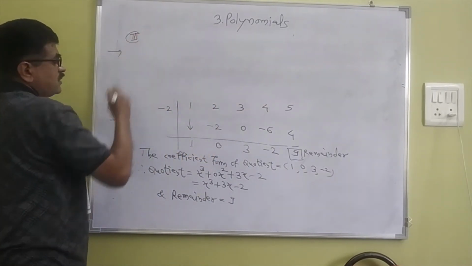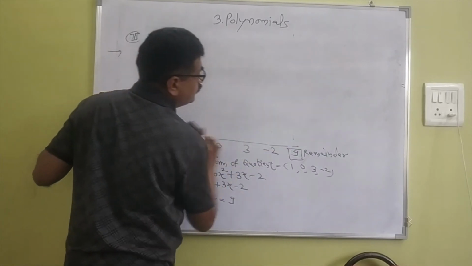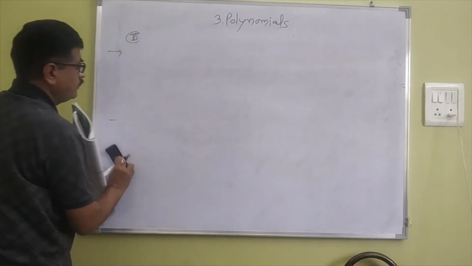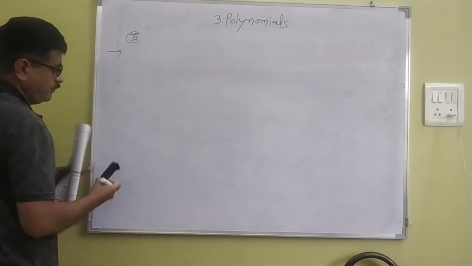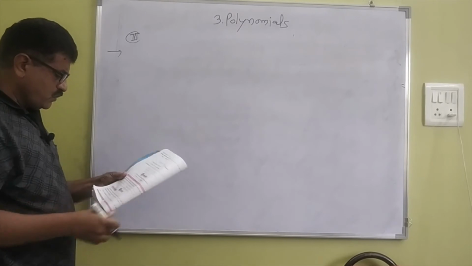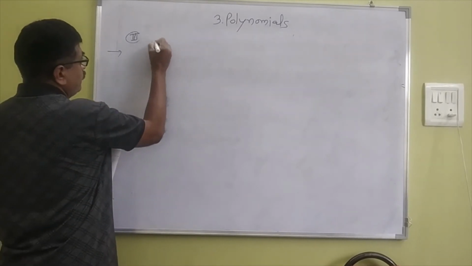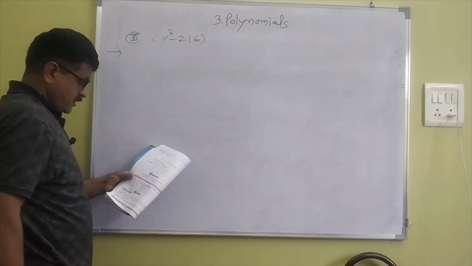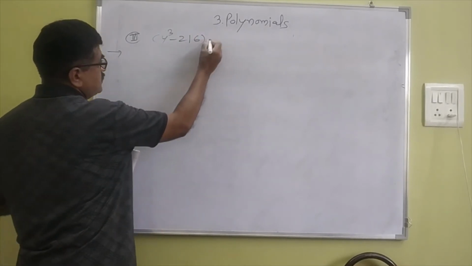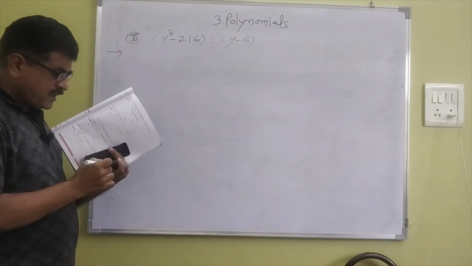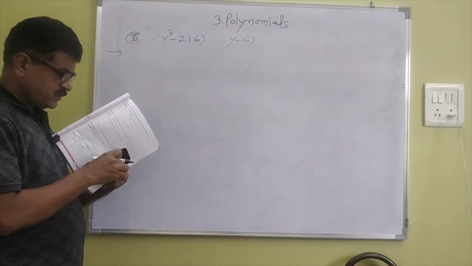Write down question number 3. Question number 3. y cube minus 216 divided by y minus 6.